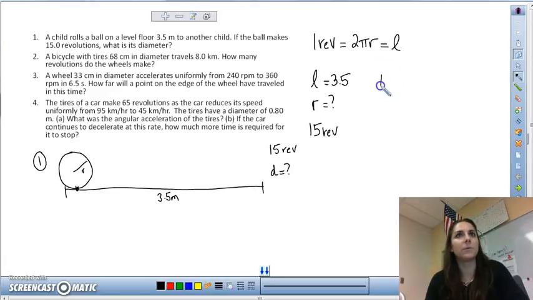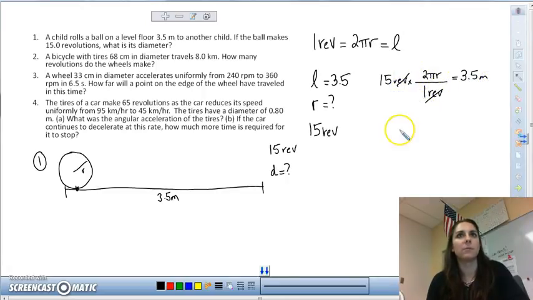I know that when we make 15 revolutions, I will cover more or less in one revolution, I'll go 2 pi r, and the total distance of that will be 3.5. Because then the revolutions will cancel and we're left with r.